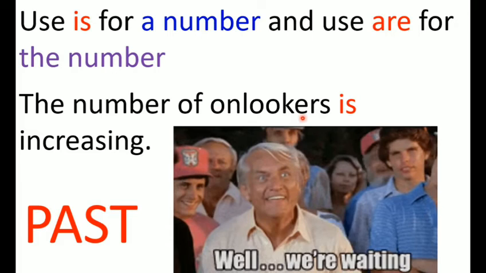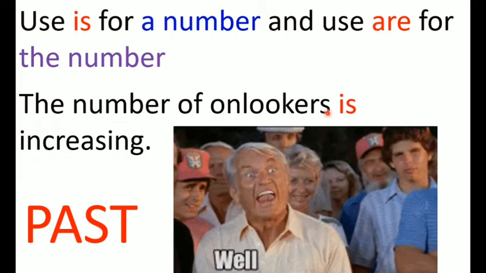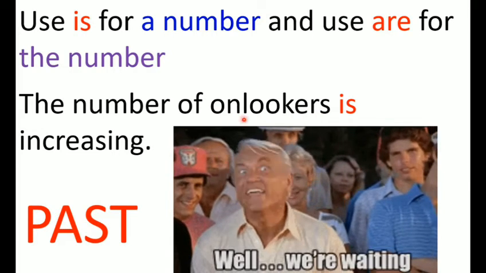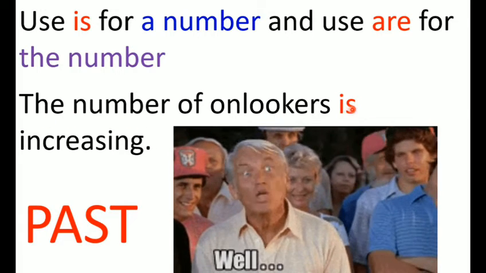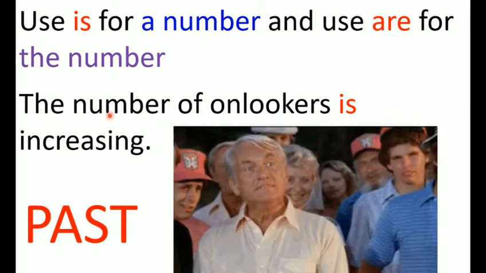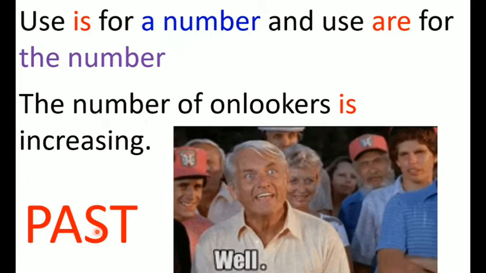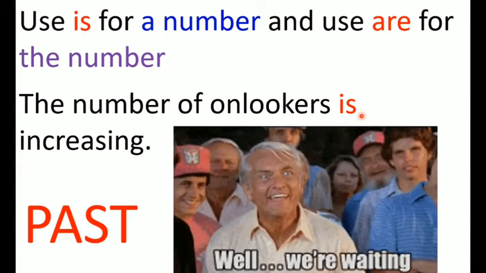Dito pwede kayong malito kasi dito ay onlookers, ito ay may s, parang plural siya, pero ang rule natin ay pag nag-uumpisa ang sentence sa the number, ito ay singular, kaya ang verb dito ay is.